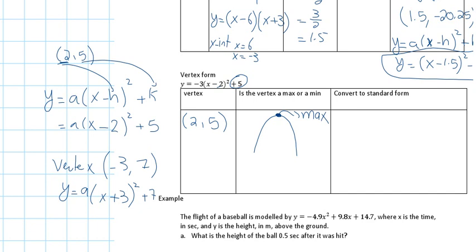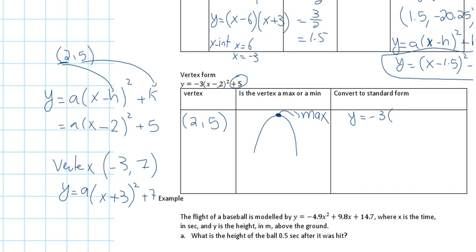How do you convert this to standard form? If I have the vertex form and I want to put it in standard form, what do I do? I have to expand.